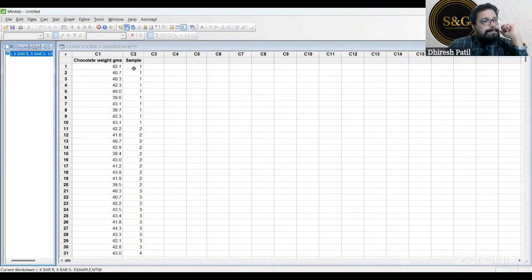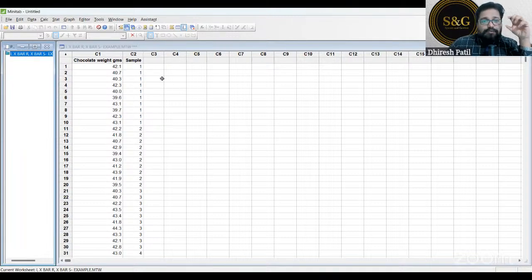Try to understand this. In some cases, when they check the quality of the product or the service, they take individual samples. The chart which we had made is called the I chart, I for individual chart. When we are taking one sample at a time, it is called an individual chart.